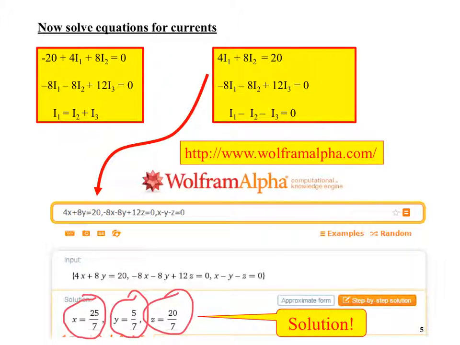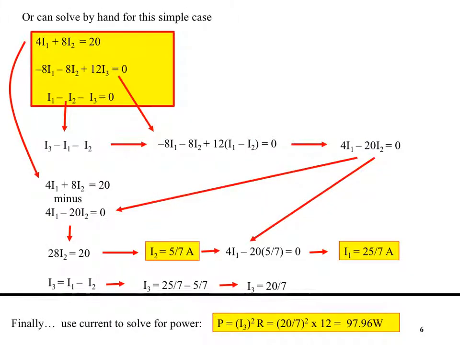Okay, so suppose we did want to solve this particular problem by hand. Here's our same box with the rearranged equations in the standard form, with I1, I2, and I3 with coefficients on the left equal to some constant. We're just going to try to get to a point where we can isolate a single variable.